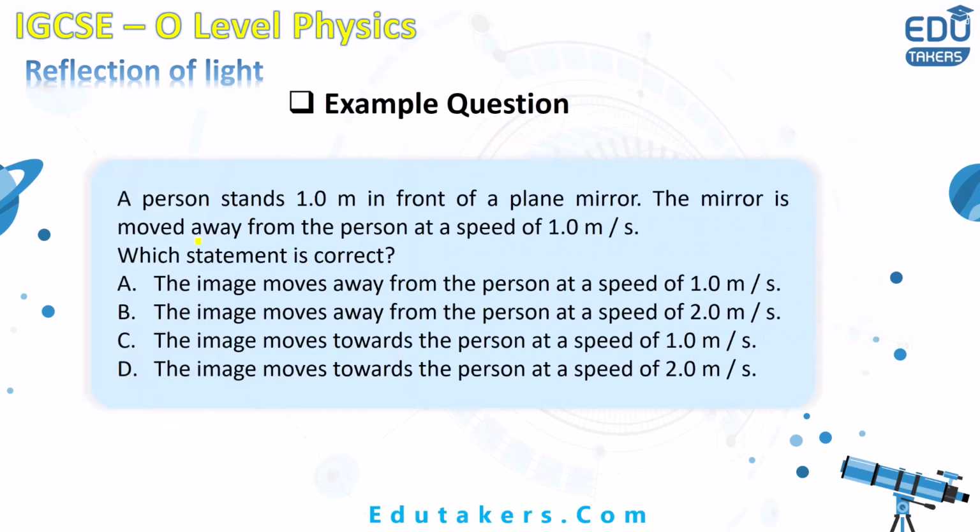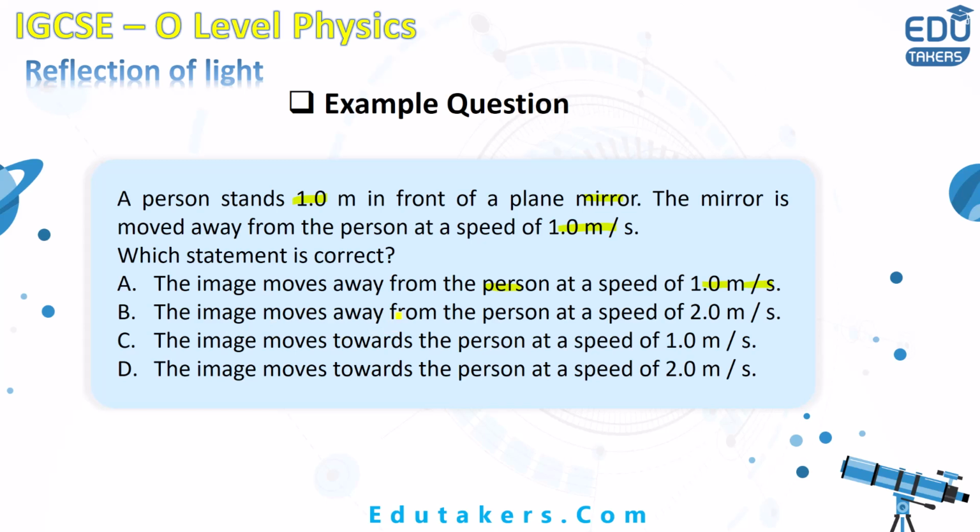Here is an example question. A person stands 1.0 meter in front of the plane mirror. The mirror is moved away from the person at the speed of 1.0 meter per second. Which statement is correct? Answer A. The image moves away from the person at the speed of 1.0 meter per second.